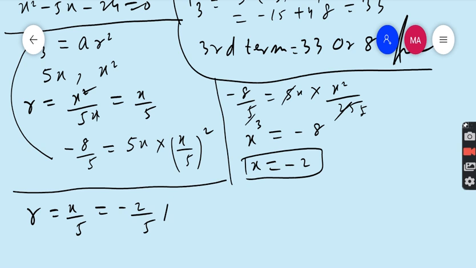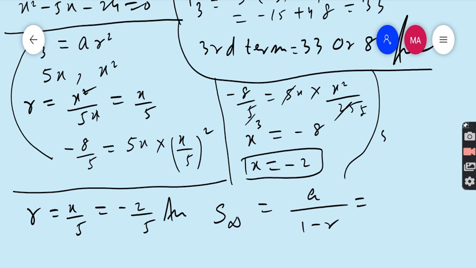So part B, minus 2 upon 5. And sum to infinity: S infinity is equal to a upon 1 minus r. A is 5x. So 5 into x is minus 2, 5 2s are minus 10. So a is minus 10. So minus 10 upon 1 minus r.